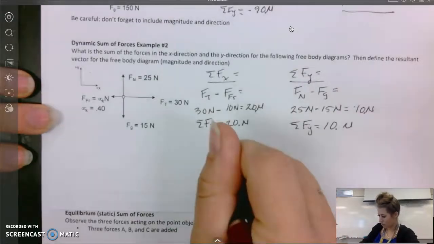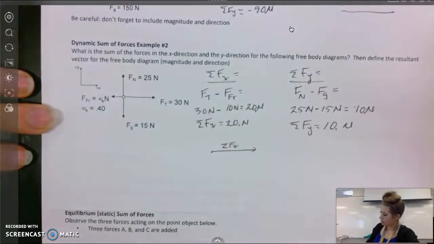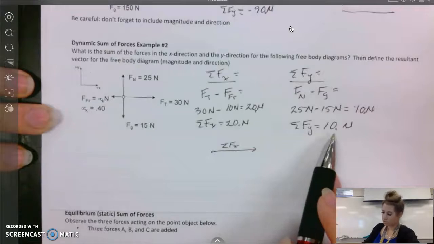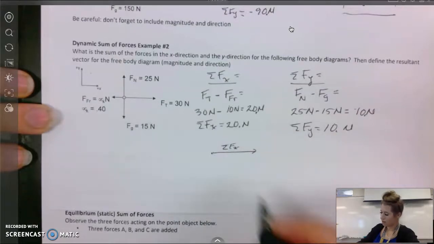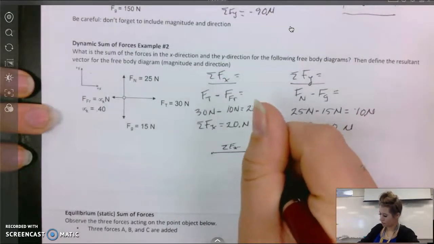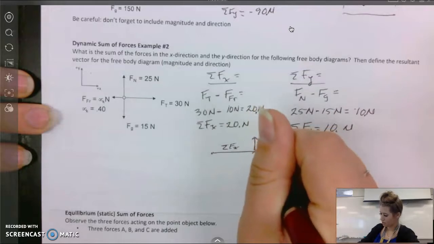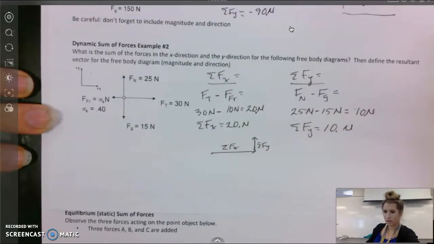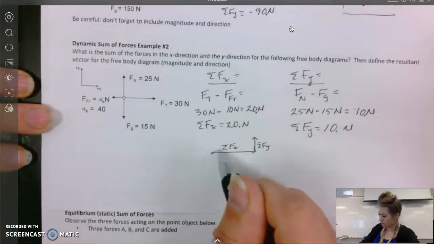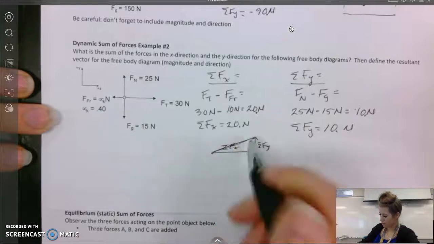So that's the sum of the forces in the x. And then we're going to add that to our positive 10, sum of the forces in the y. And so our resultant is right there.